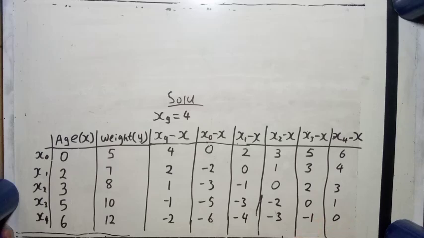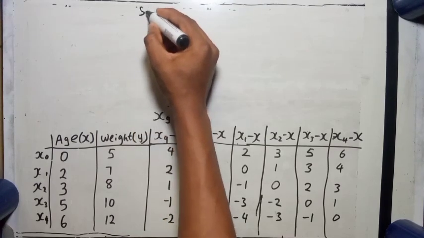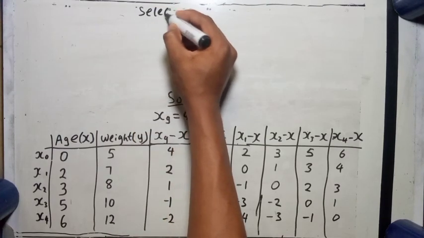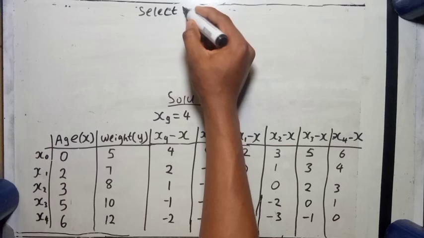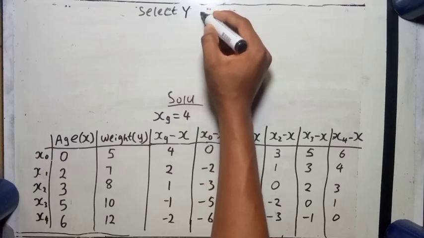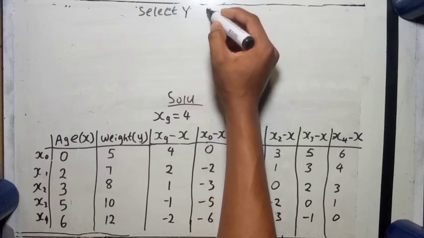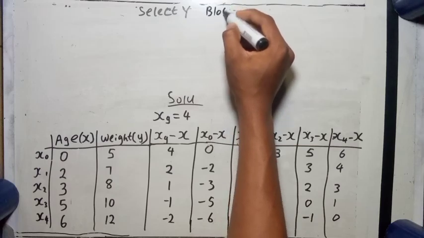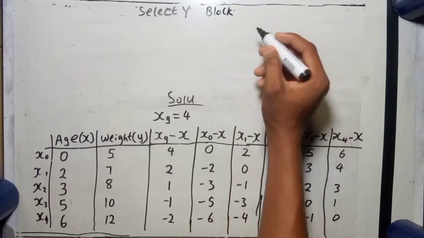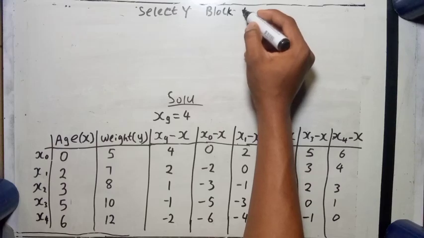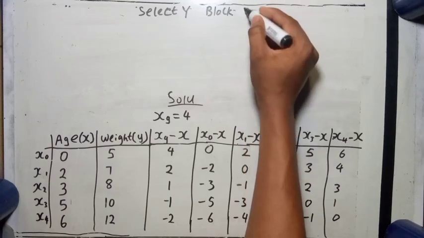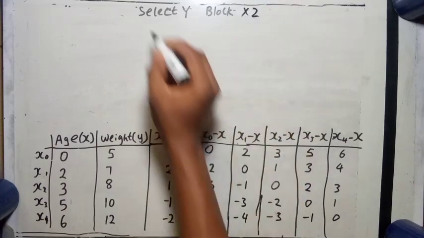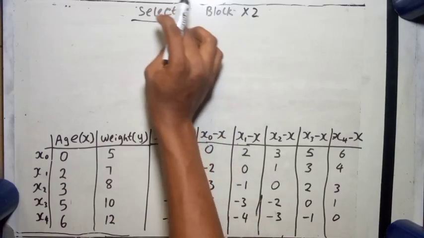So now that we have gotten this, what we'll be following is what I call the select y and delete or block, block times what 2. This is the approach I'll be following now.